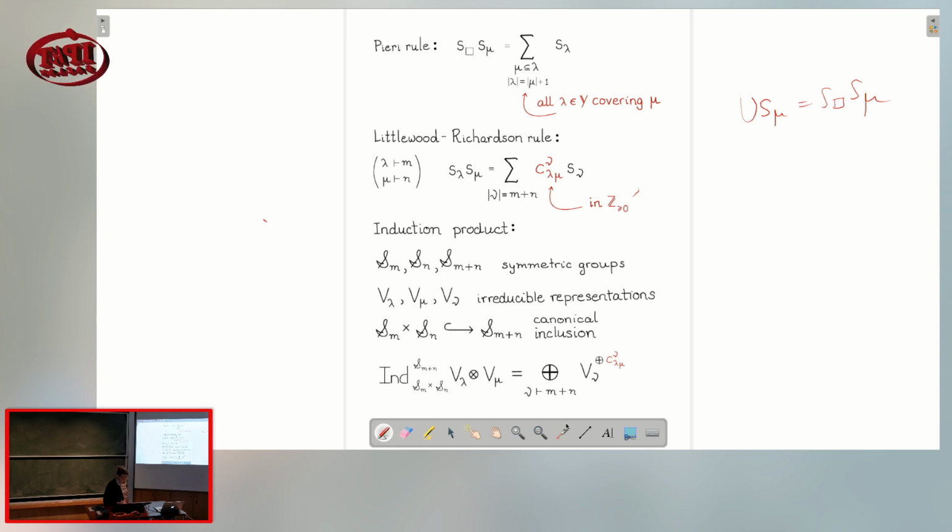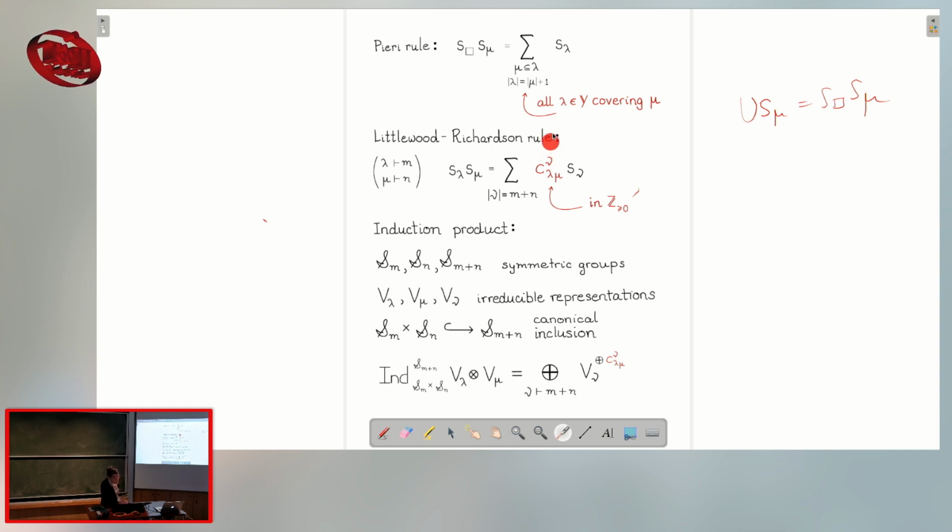And more generally, we can take products of arbitrary Schur functions. So if I take S lambda and S mu, where lambda is a partition of size m, and mu is a partition of size n, then the product will be expressed also as Schur functions, where the partition nu is a partition of the sum m plus n.